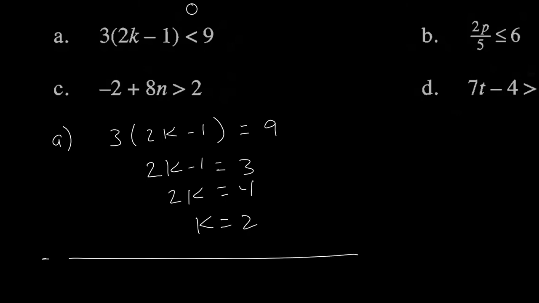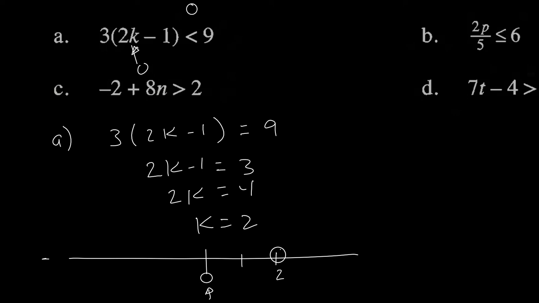So on a number line, I could show here's 0, 1, 2. And I'm going to test the number 0. Let's mark my boundary point. So my boundary point is at 2, and it's an open circle, not filled in. When I put 0 in, I want to check whether this makes it true or false.